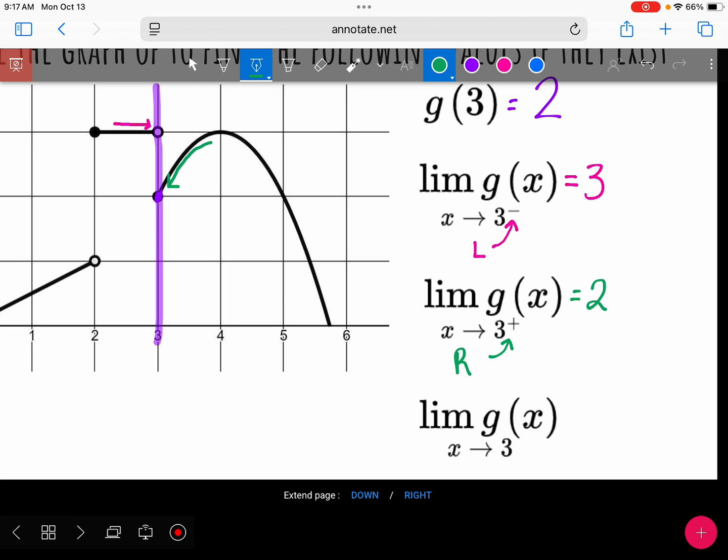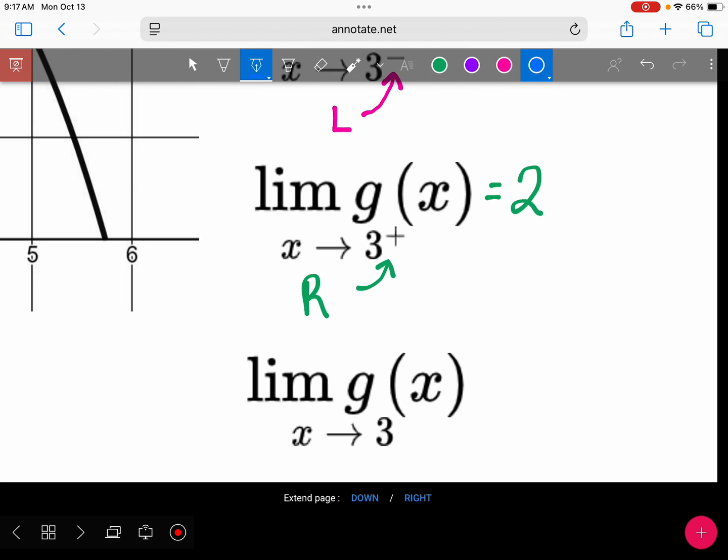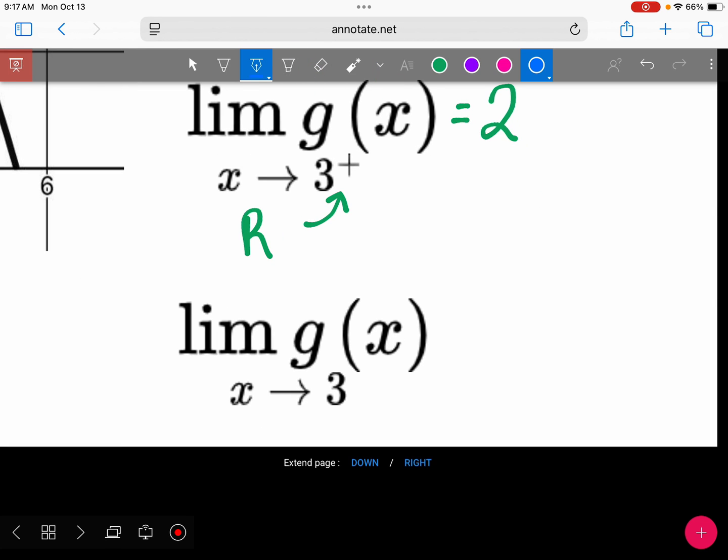So then, what is our limit as we approach 3 in general? It doesn't exist. I have two different numbers from my left and from my right. I'm approaching different places. Those two paths do not cross. Will it always be definite? Not always. I promise we will see one that does. So this one does not exist.